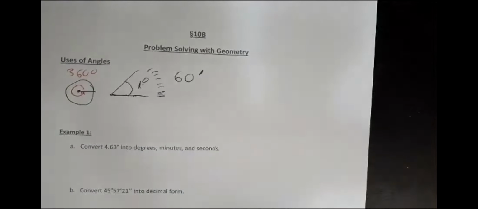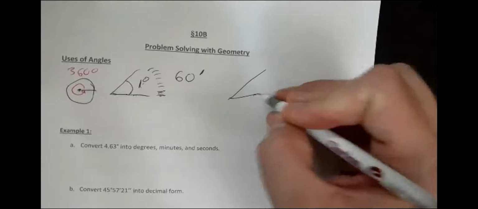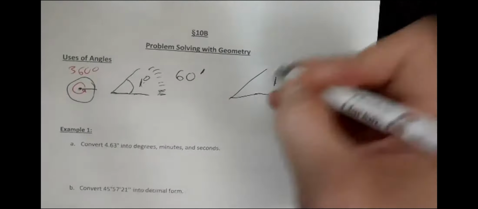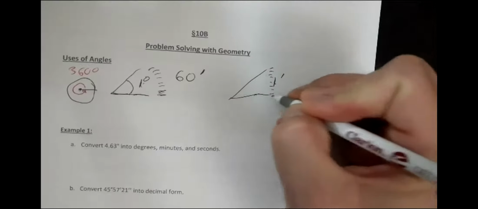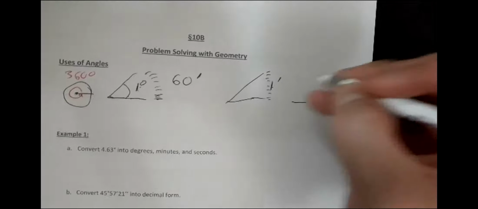And then I'm looking right here at one of these things. So if I look at 1 minute, and I divide 1 minute up into 60, you probably already know 1 minute divides into 60 seconds.